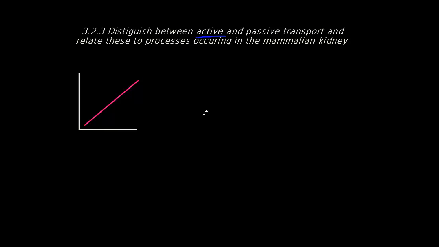Active transport. So we can see in our graph here the reverse trend occurring. We have a concentration gradient going from low concentration to high concentration.